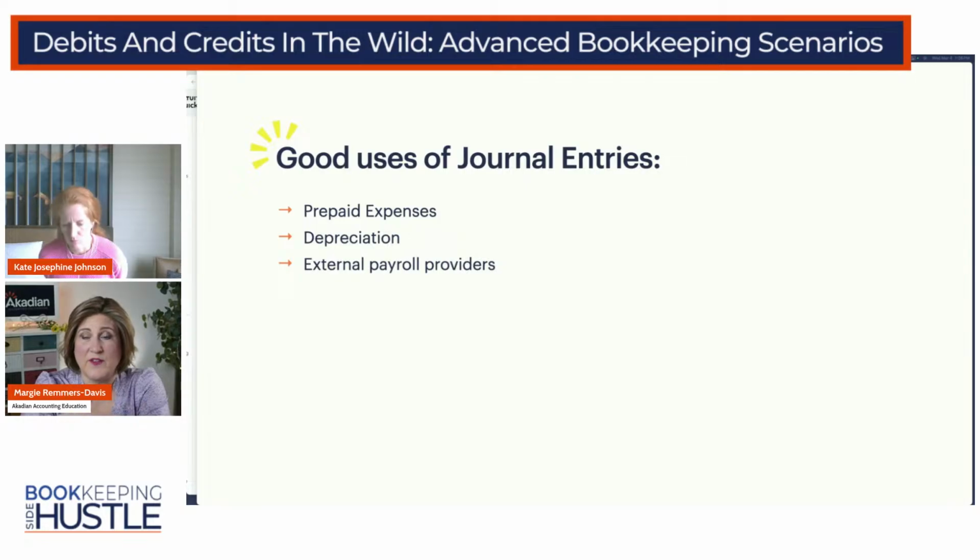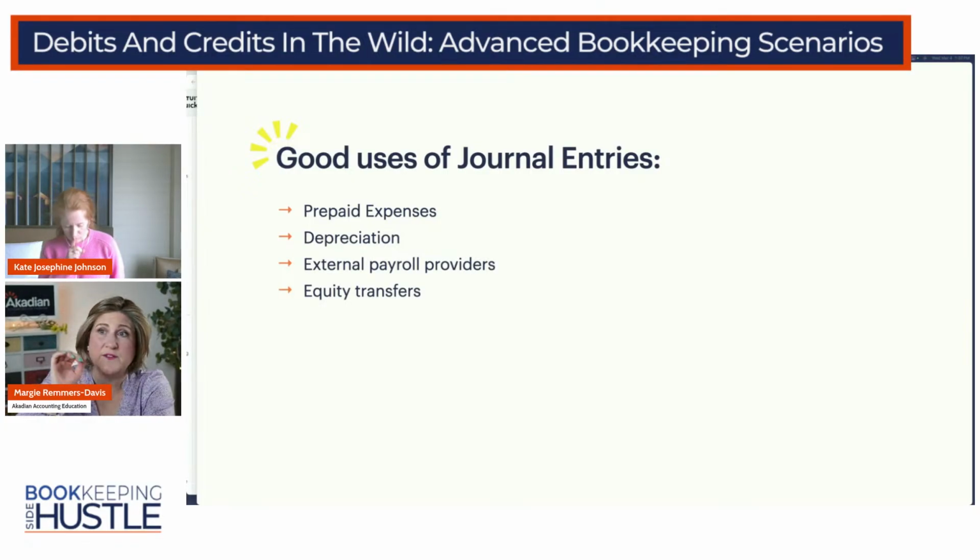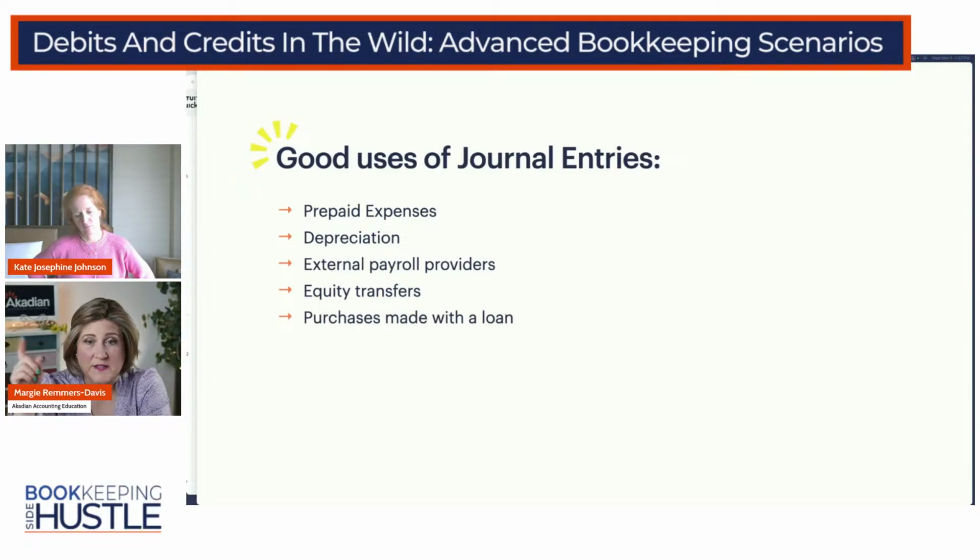If you have external payroll providers that don't connect with QBO and they just give you a report and you just have to go in and enter the numbers, that would be a time for a journal entry. Equity transfers. So if you have to move money around between partners, for example, this is a big one. If you purchase something with a loan, I don't know why this isn't in QBO already.